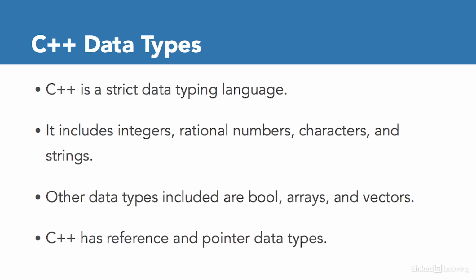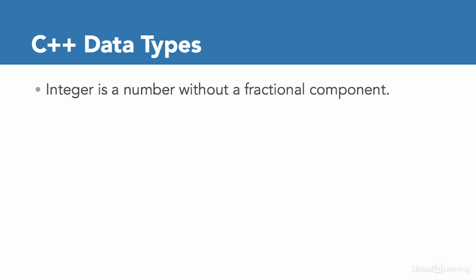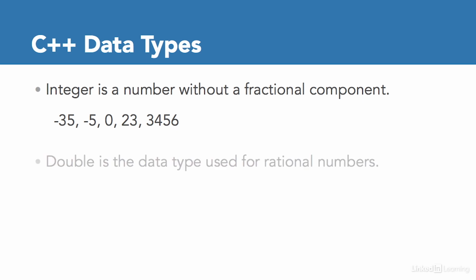and reference data types. An integer is a number that can be written without a fractional component, such as -35, -5, 0, 23, 3,456. Double is the name in C++ that we attach to the data type for rational numbers.